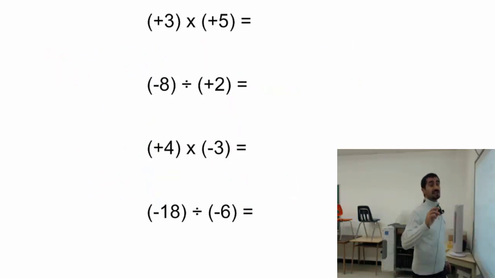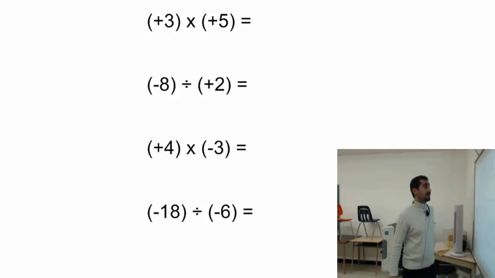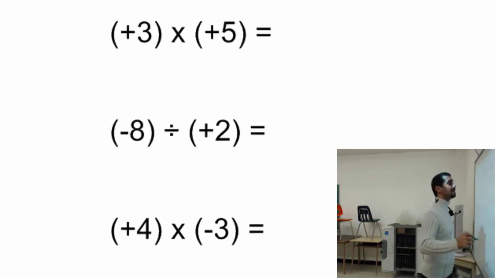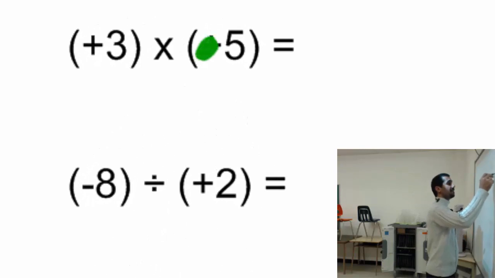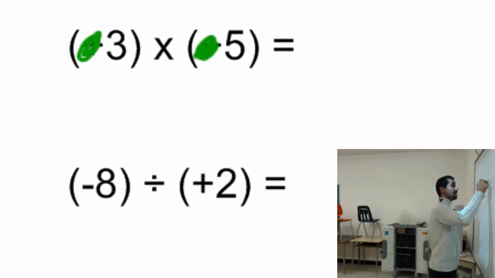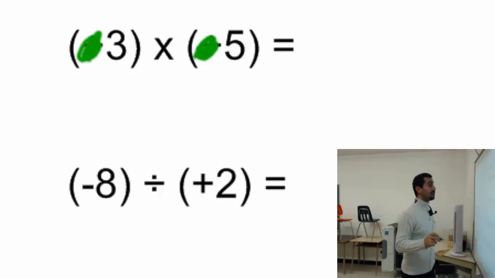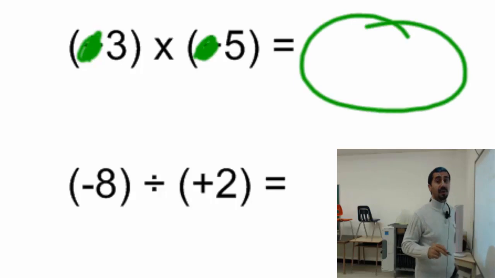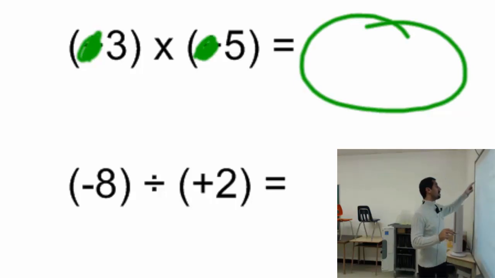Let's only do the sign first. You need to do the sign first, and this rule applies to both multiplication and division. So what signs do we have here? Over here I have 5 and I'm going to ignore it. I have 3, I'm going to ignore that. There is no sign left here, so my answer will involve no sign at all.